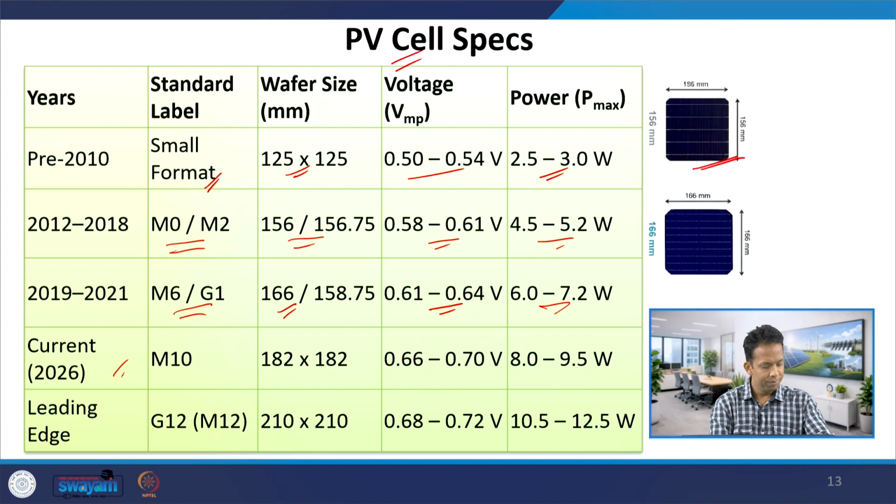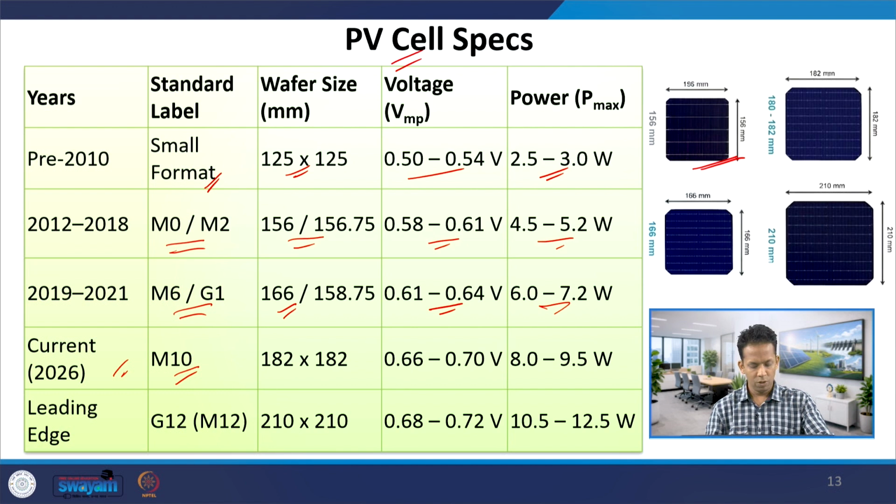At present, in 2026, we have standard M10 PV cells coming into the market, of 182 mm square shape, which can reach a voltage up to 0.7 volt and maximum power up to 9.5 watt. And there is another cell named G12 or M12, of size 210 mm, where 10 to 12 watt is the maximum power provided by one cell.